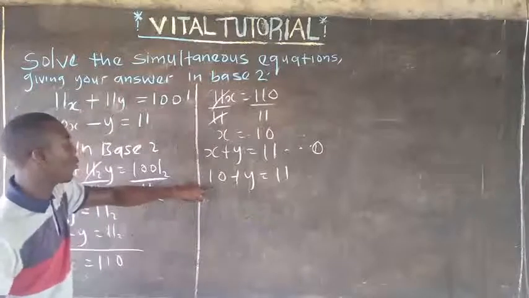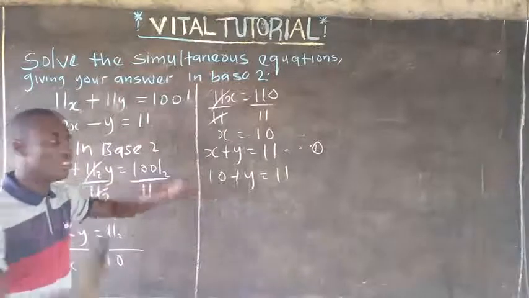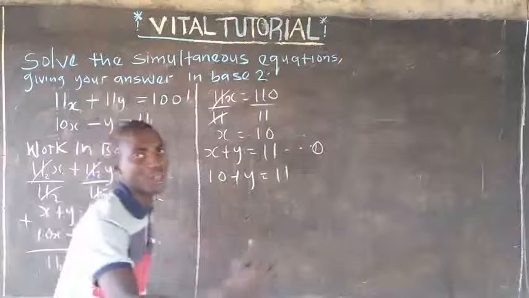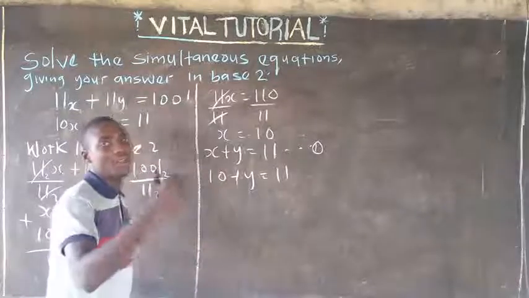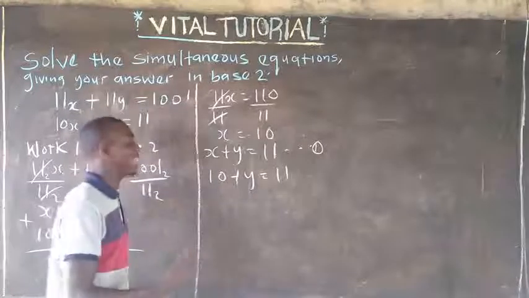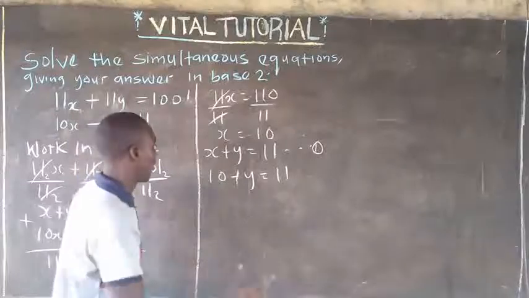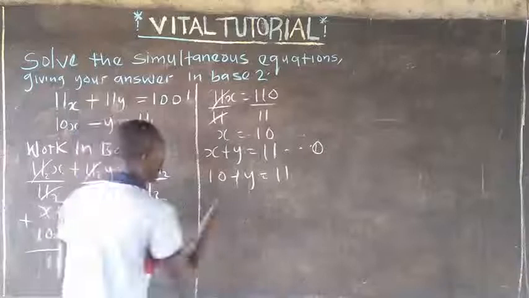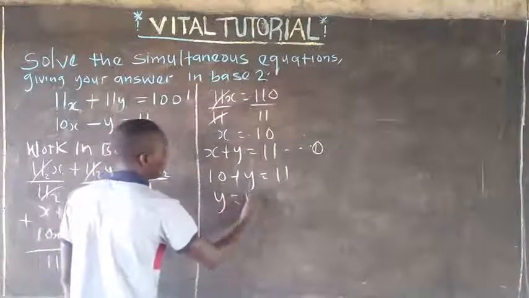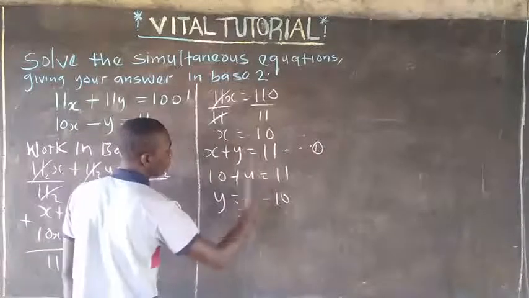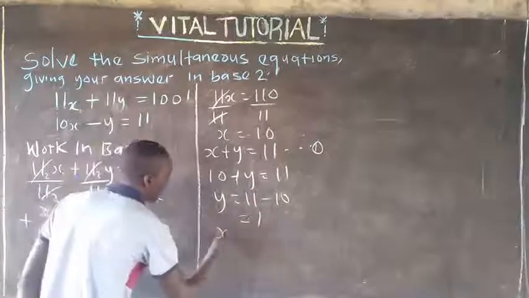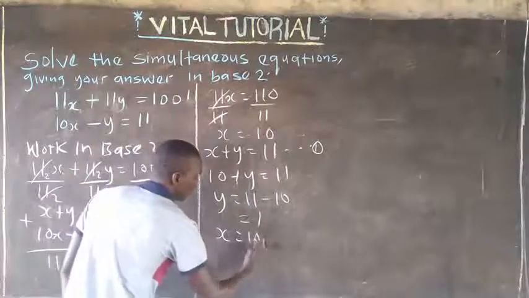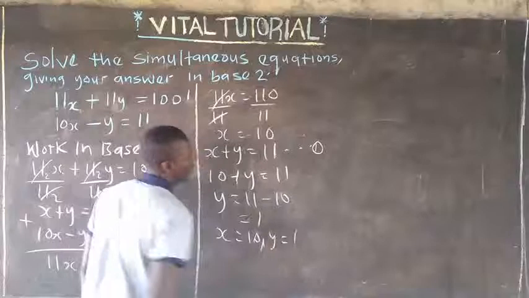As you can see, 10 is the normal value that you can have for a number in base 2, you either get 0 and 1. This is correct, and 11 is also correct. So now my y will be equal to 11 minus 10, which is equal to 1. You can see again that s is equal to 10, y is equal to 1.